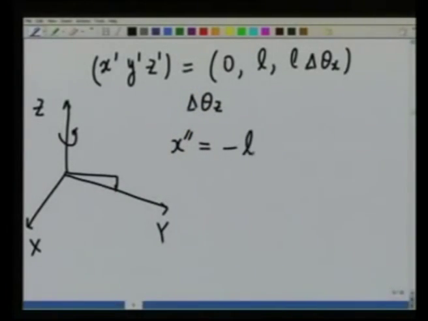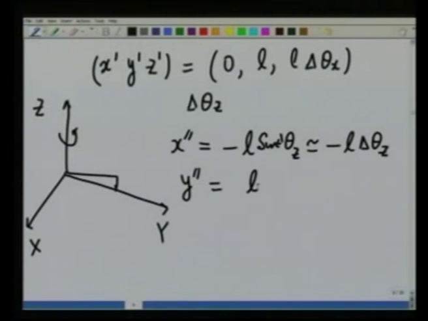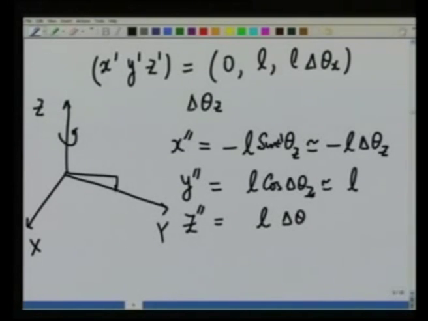So, this is going to be minus L sine of delta theta z, which is roughly equal to minus L delta theta z. Y double prime again is not going to change. So, this will remain L cosine of delta theta z, which is roughly equal to L, and z prime is also not going to change because now it is a rotation about z axis. So, this is going to remain L delta theta x.